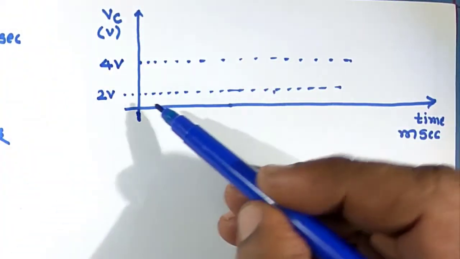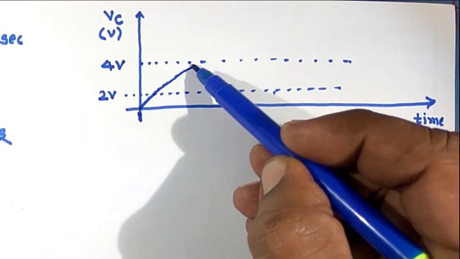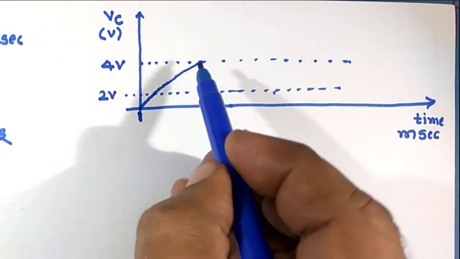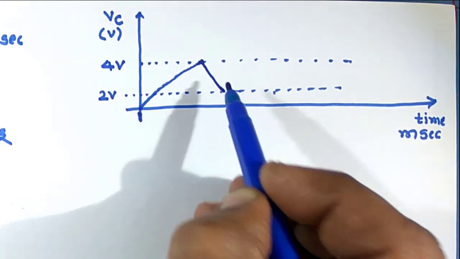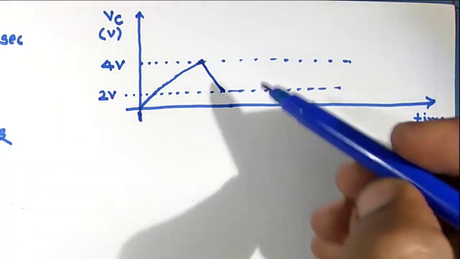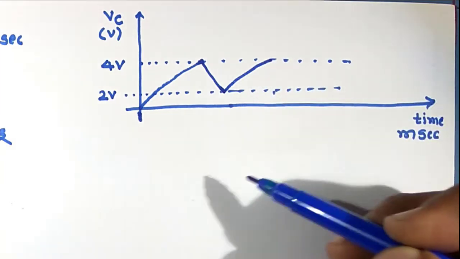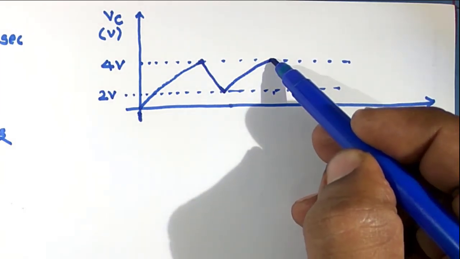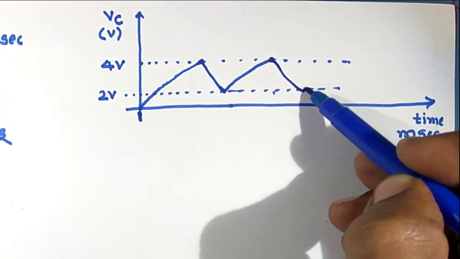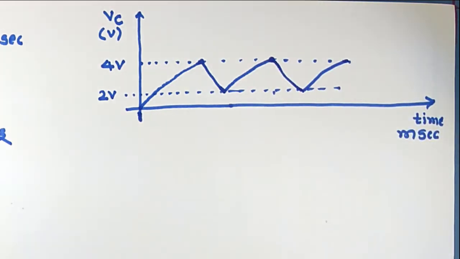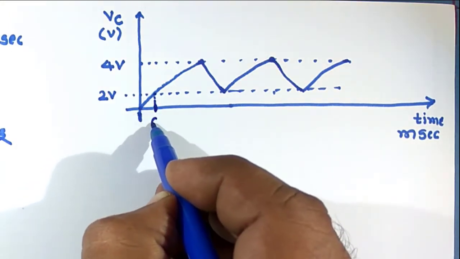So at the beginning, capacitor charges from 0 volt to 2/3 VCC, then discharges from 2/3 VCC to 1/3 VCC, again charges from 1/3 VCC to 2/3 VCC, discharges from 2/3 VCC, that is 4 volt, to 2 volt, in this way. Let us take this time as time 0.